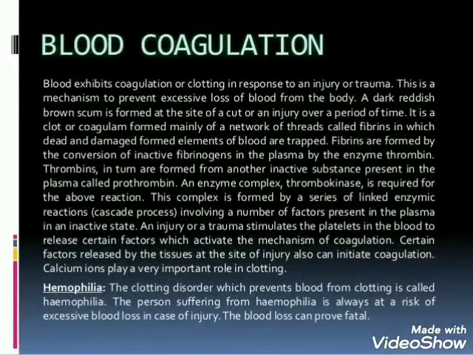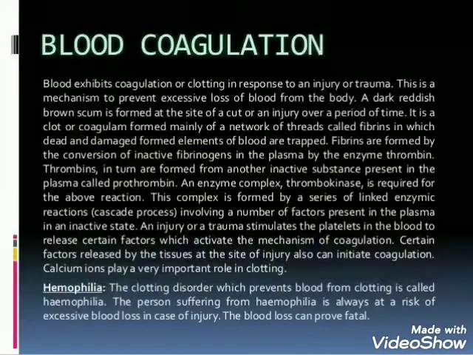Now, what is the clotting or the coagulation process of blood? When an injury occurs, there is bleeding from the wound for some time, but soon after, the blood stops flowing out. This is because blood exhibits a mechanism called blood coagulation or clotting to prevent excess loss of blood from the body.